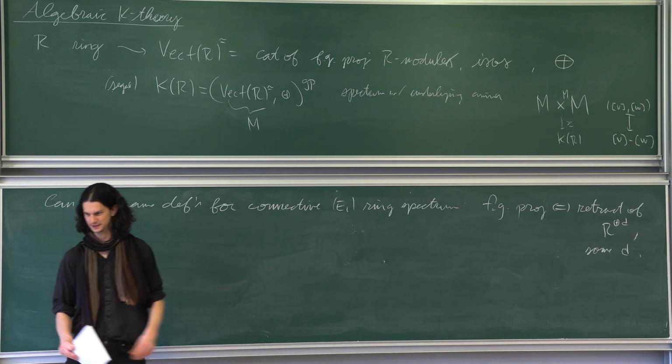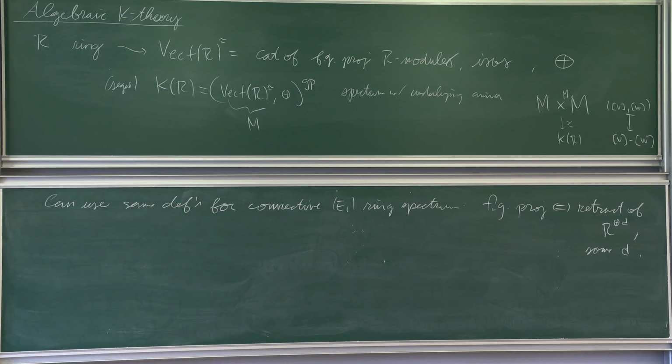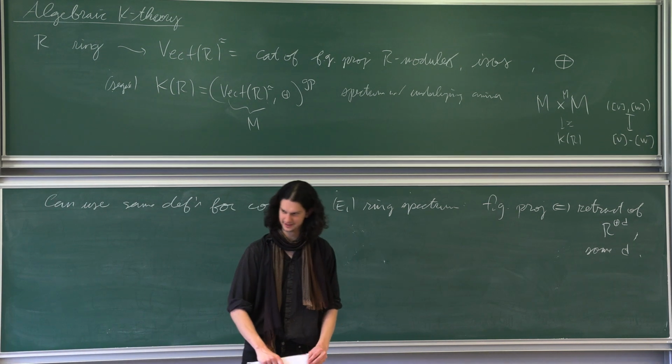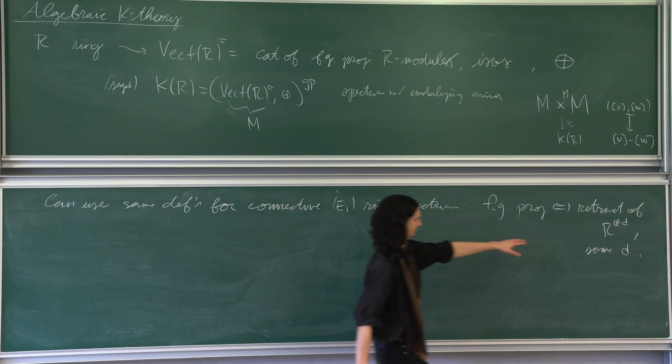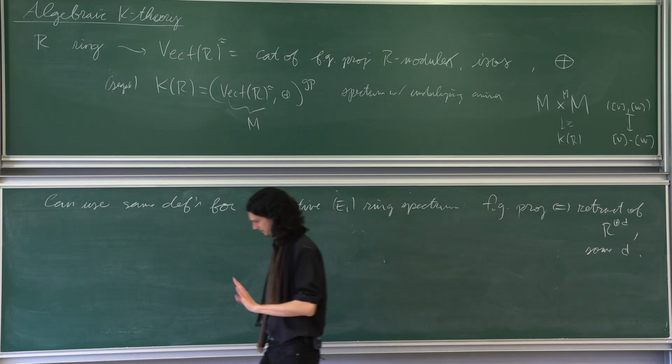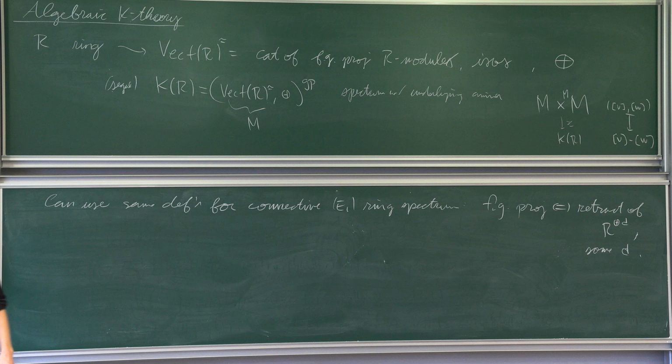Okay. And of course, you can take left or right finitely generated projective modules. So in principle there are two. Between them, the dual makes sense. Yes, it does, because finite direct sum is the same as finite product, and then it's a retract, so fine.